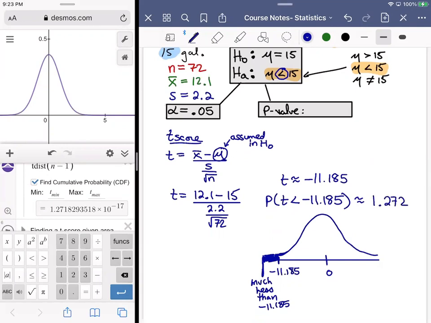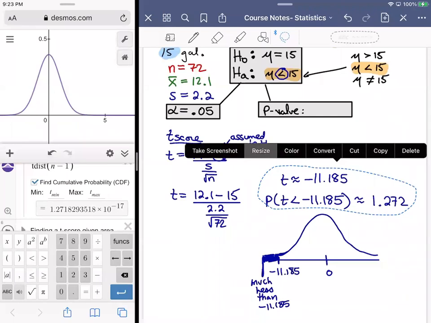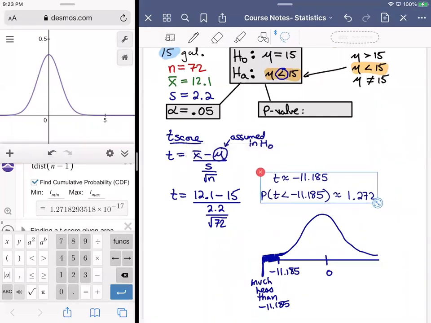1.272. That's not the final answer. I just have to move it over a little bit, times 10 to the negative 17th power. That's like saying 0.00000000000000001272.